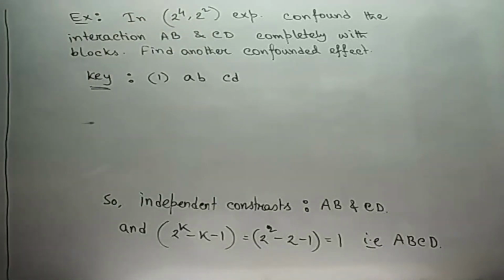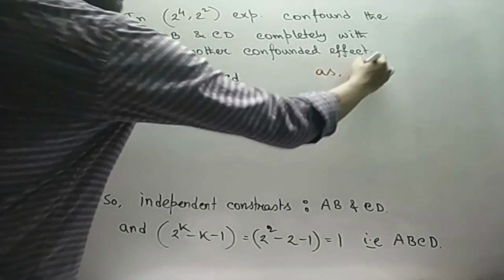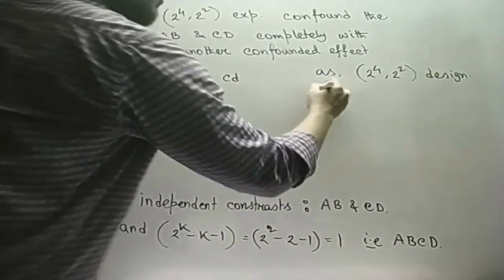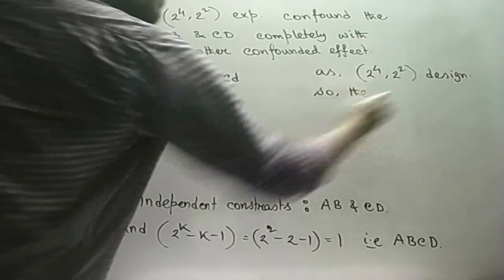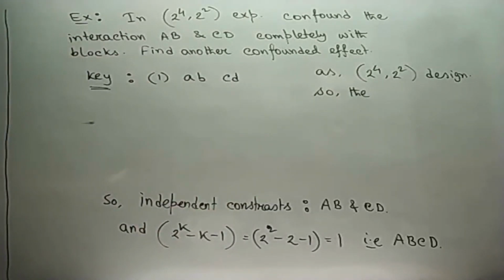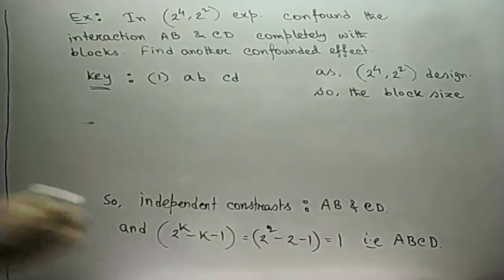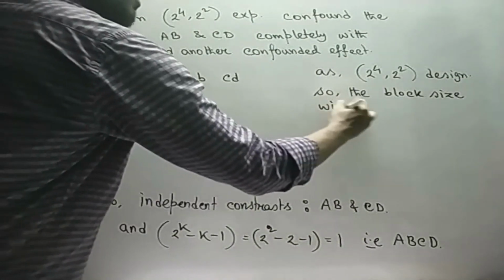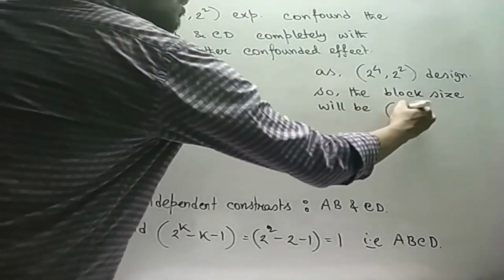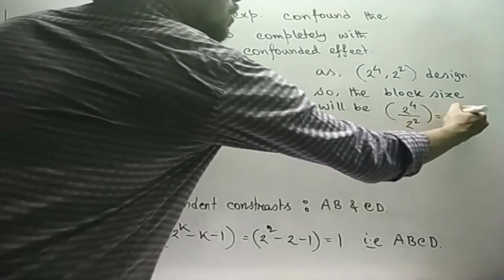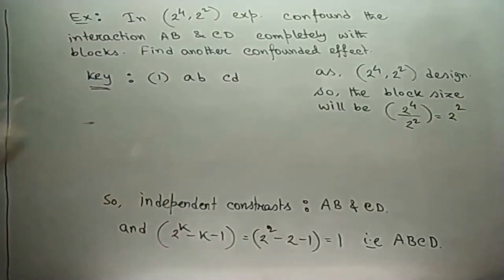As we have a 2 to the power 4 comma 2 square design, the block size will be 2 to the power 4 by 2 square, which is 2 square, that means 4.